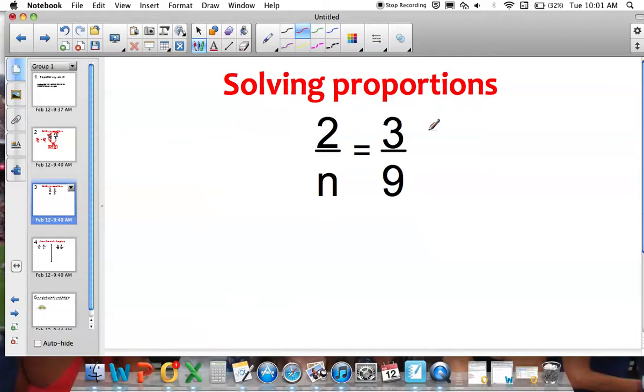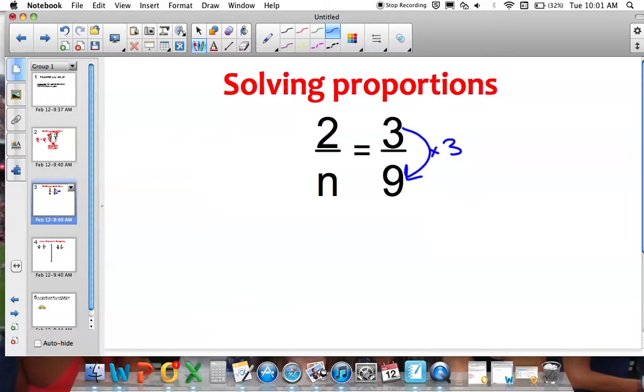Now let's look at a different one. In this case, there's a proportion that's already set up for us, and we want to figure out what n is again. There really isn't a clear number to multiply 2 by to get to 3 or to divide 3 by to get to 2. So we can look internally within a fraction in order to figure out the relationship between the numerator and denominator. Well, 3 times 3 is 9.